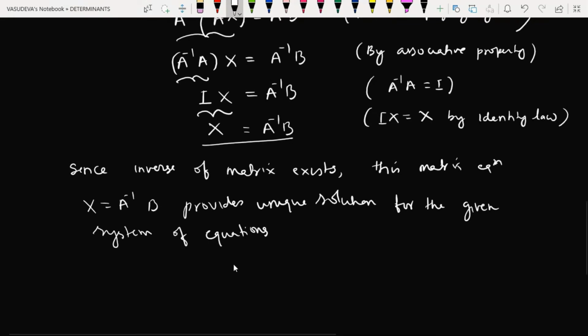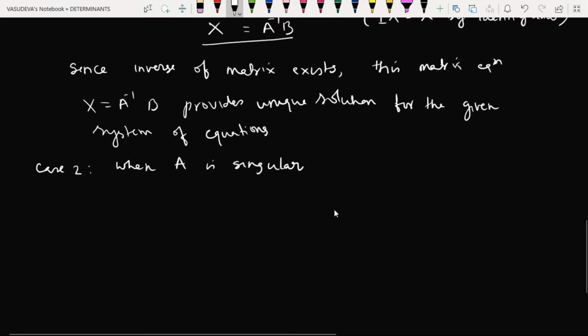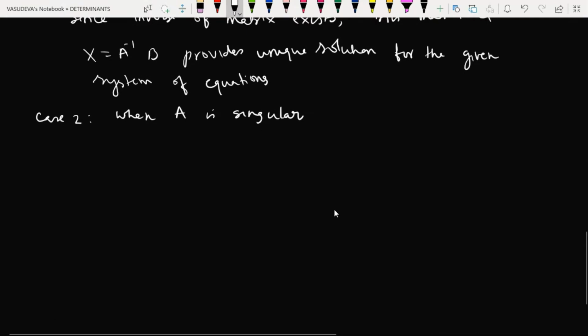But in case 2, when the matrix A is singular, that is when the determinant of A is equal to 0, in this case the system of equations may be consistent or inconsistent, or may not have a solution.